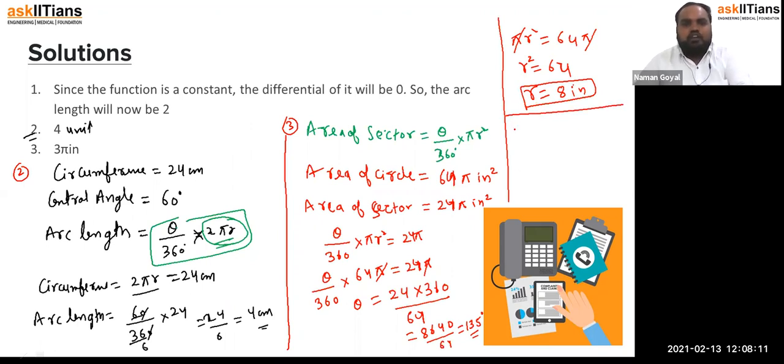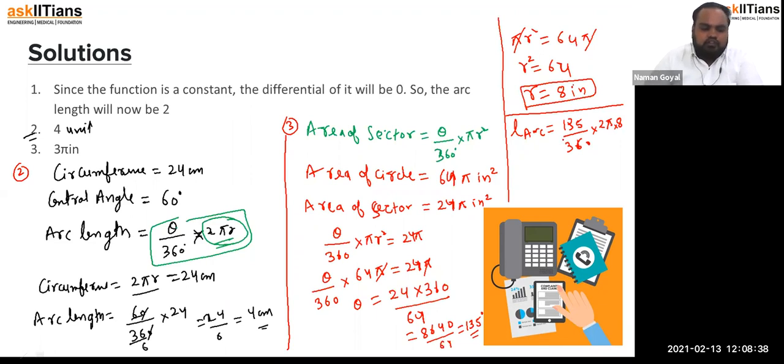Now we have the value of r and the value of theta, which is 135. So we can find the length of arc. Length of arc is theta, which is 135, upon 360 degrees, into 2 pi r, where r is 8.